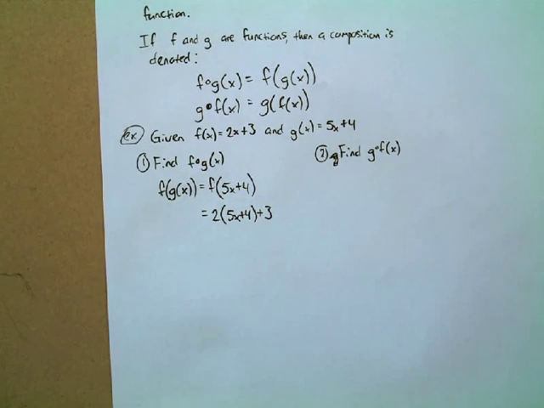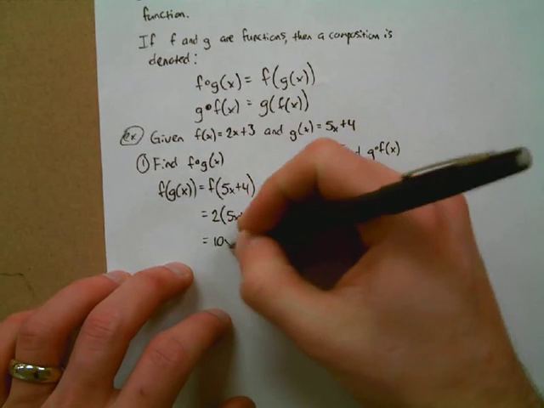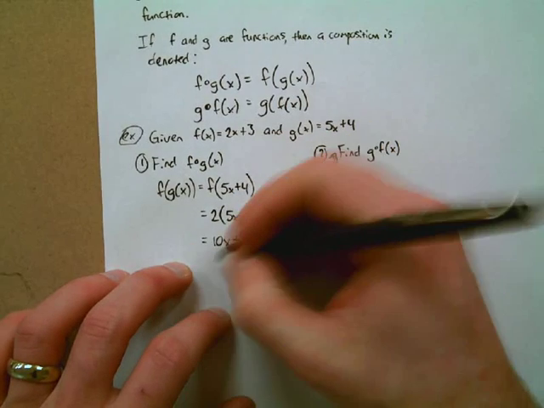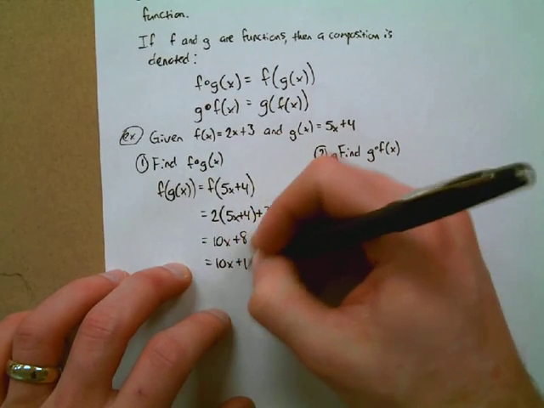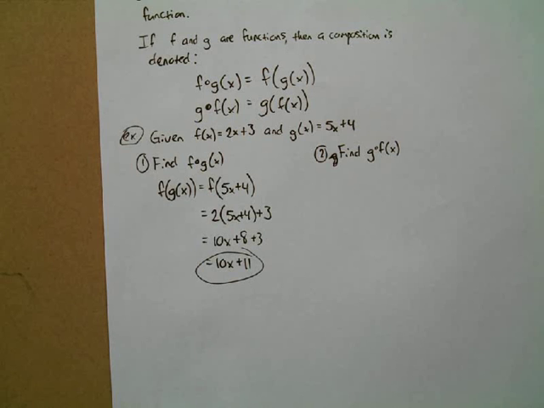Then we distribute and we get 10x plus 8 plus 3, so 10x plus 11. You can do that in as many or as few steps as you need to simplify this. I'm spelling it out very step by step for right now, but eventually I don't expect you to have to do that all the time. So 10x plus 11 is f of g of x.